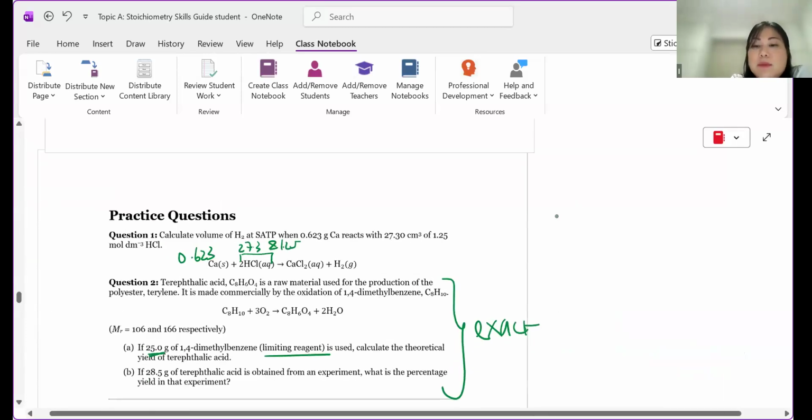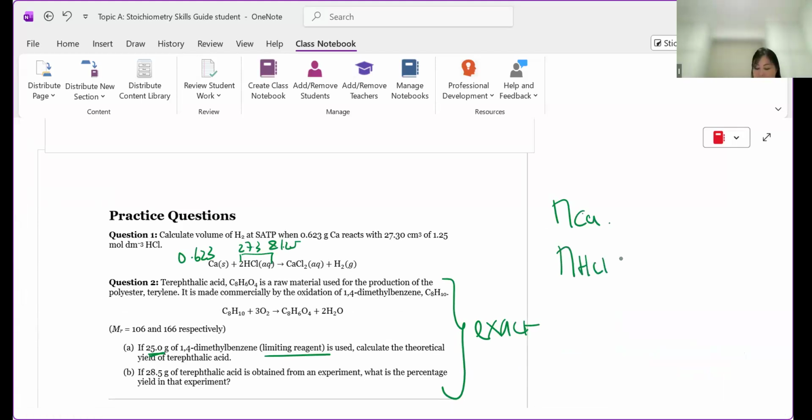So we will have to determine the number of moles of calcium and number of moles of HCl. Since both amounts are given, we will have to determine the limiting reagent. So 0.623 divided by 40.1 is about 0.0155 moles.